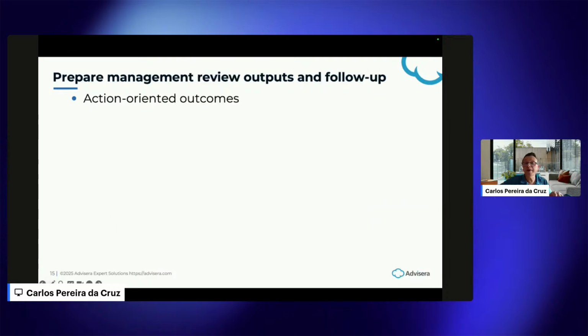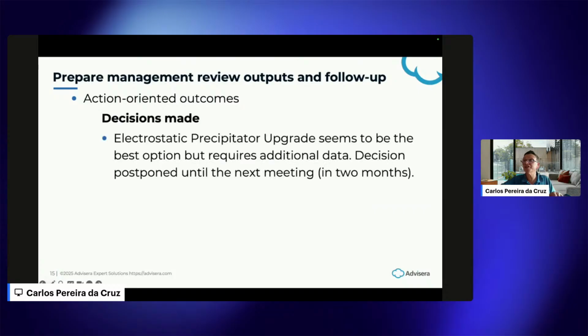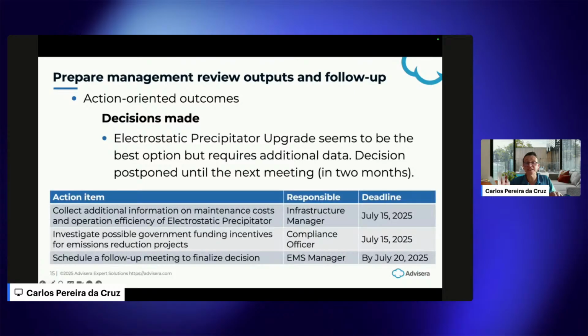So a good management review meeting, like in this example, results in decisions and clear action items with assigned responsibilities and deadlines, ensuring accountability and follow-through. So it seems that this electrostatic precipitator upgrade is the best option, but we need more data.